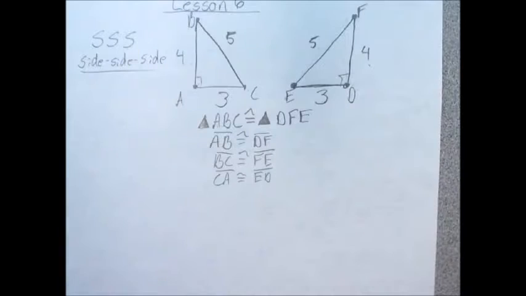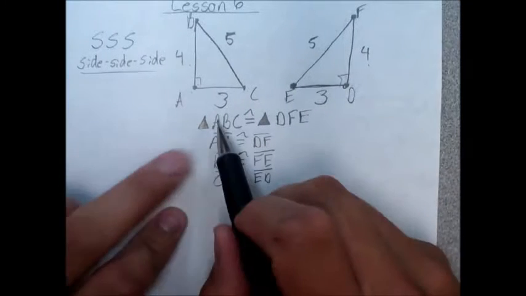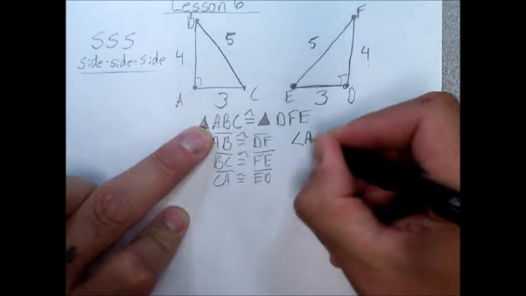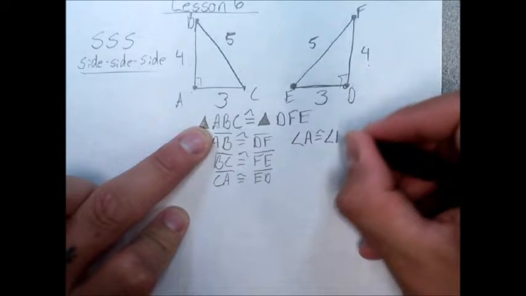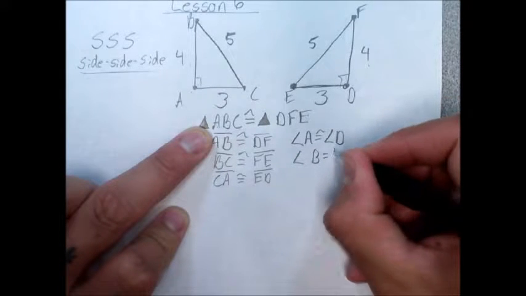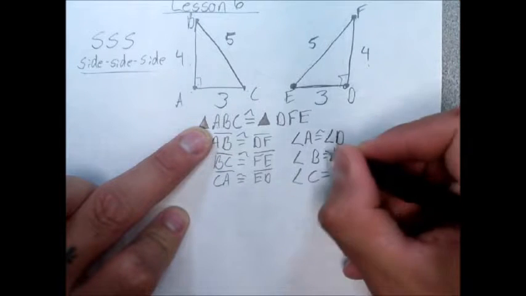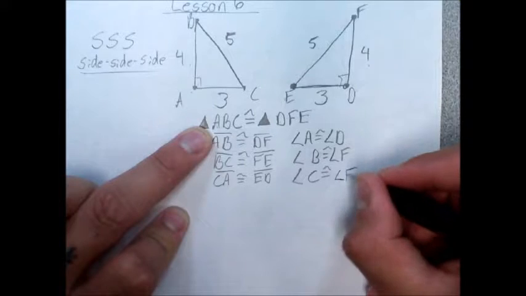But there's another thing that can be said about congruent triangles. Their corresponding angles are also congruent. So, angle A is congruent to angle D. Angle B is congruent to angle F. And angle C is congruent to angle E. Okay?